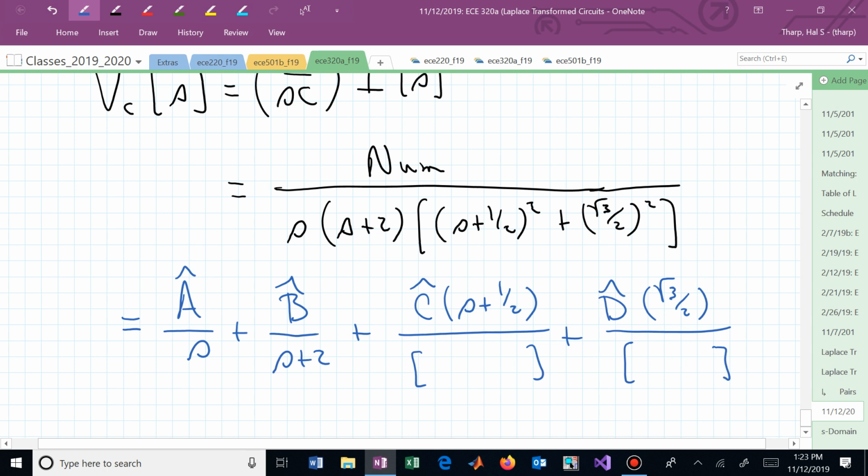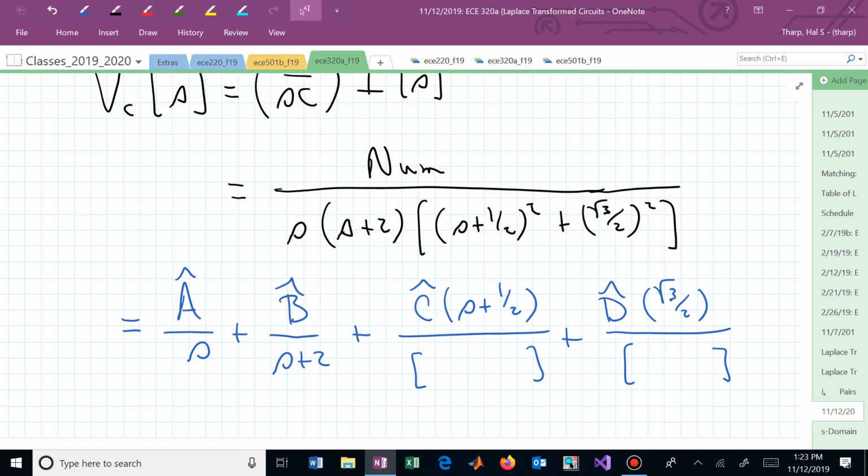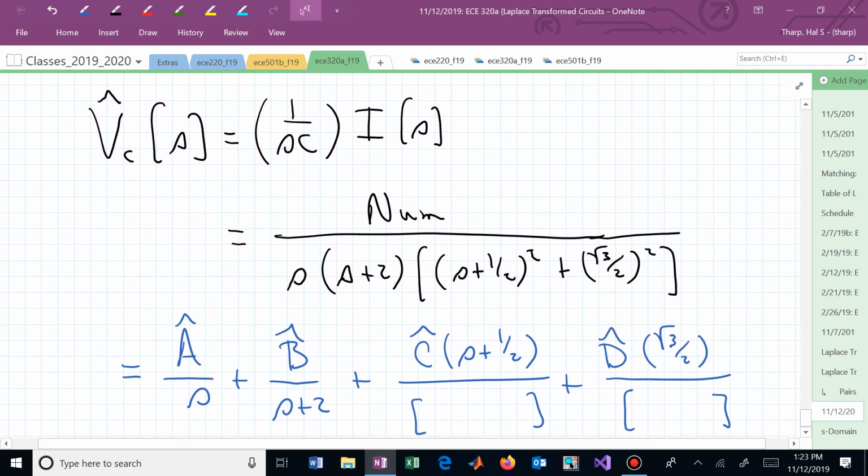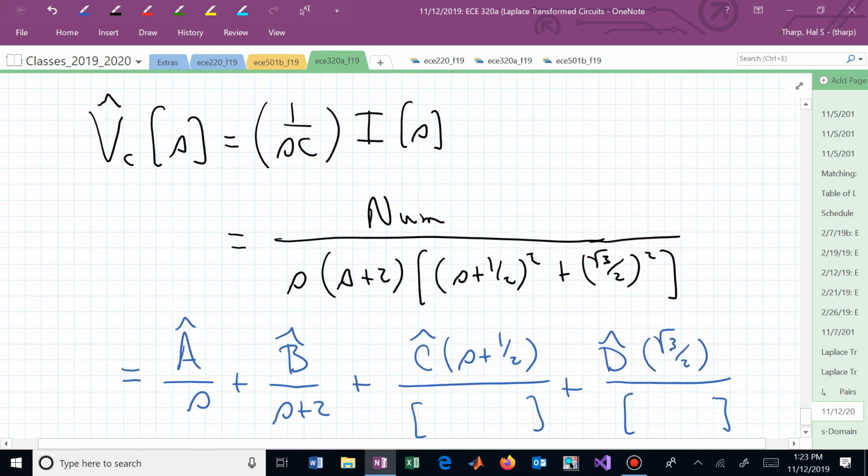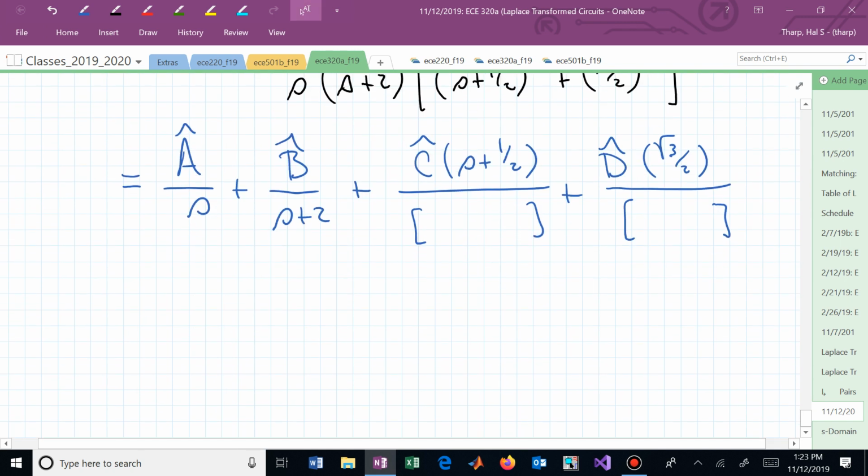We okay with what I'm not including in the brackets? Could we find a hat? Because what's that say? V sub c hat. Well, can you tell me the structure of V sub c hat of t?